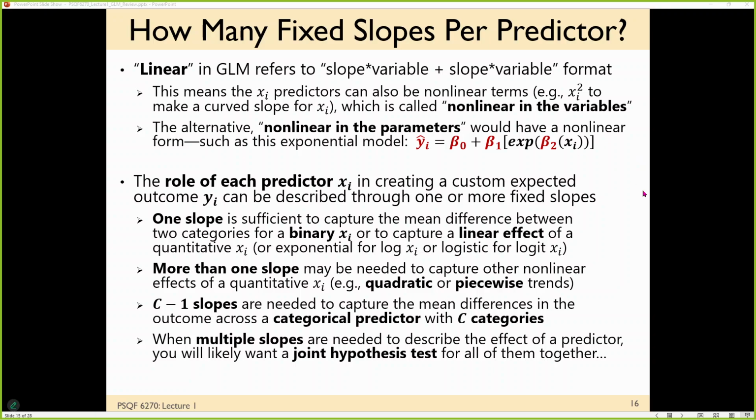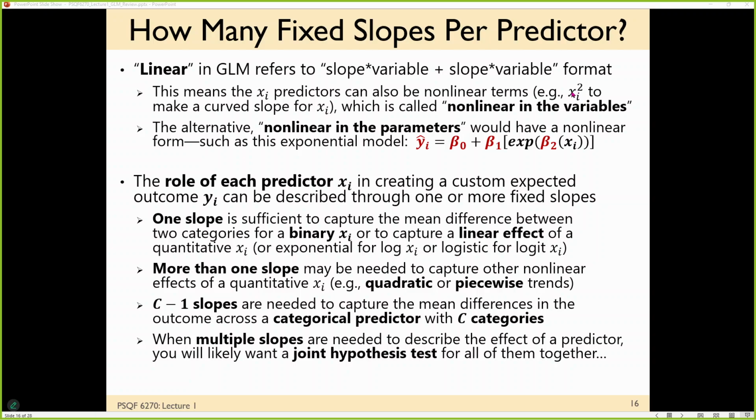All right, so how many slopes does each predictor need is an empirical question, often. So linear regression implies that we're looking at linear relationships, but you're not stuck with that. What linear actually means is that your model takes this form of slope times variable plus slope times variable. So we can have nonlinear relationships captured using a linear model.